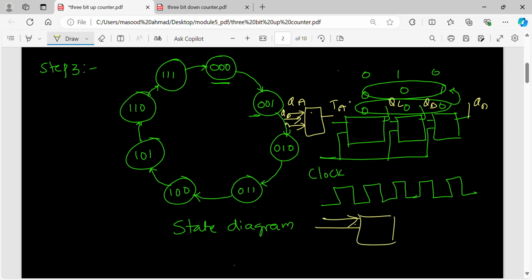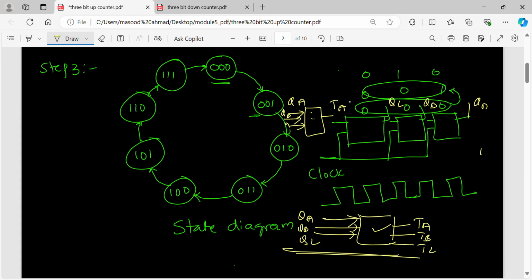From QA, QB, QC, I try to get the expressions for TA, TB and TC, so that by using some combinational circuitry, I can move from 0 0 0 to 1, 2, 3 up to 7, then back to 0.